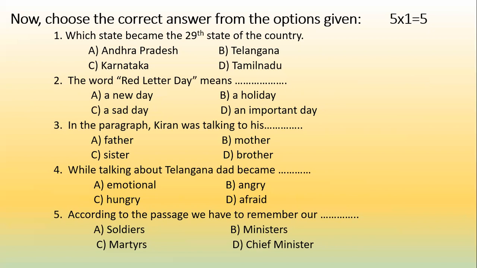According to the passage, we have to remember our: A, soldiers, B, ministers, C, martyrs, D, chief minister. So what is the fifth answer? It is C, martyrs. Okay, children? Yes.